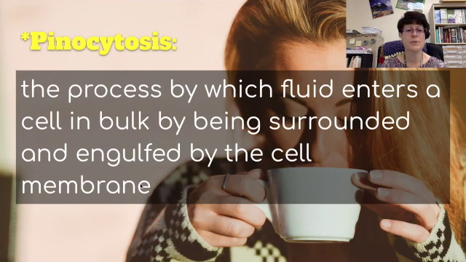There's also pinocytosis. This is the process by which fluid enters a cell in bulk by being surrounded and engulfed by the cell membrane. So again, it will engulf some fluid. A lot of times pinocytosis is called cellular drinking. Okay, cellular drinking is pinocytosis.